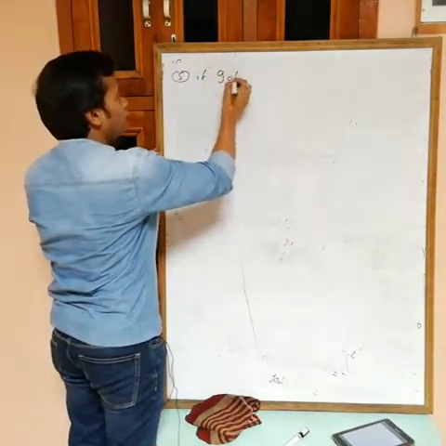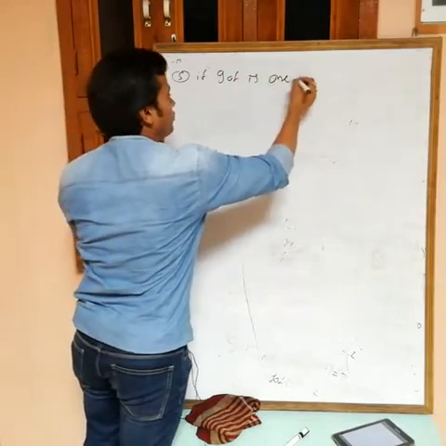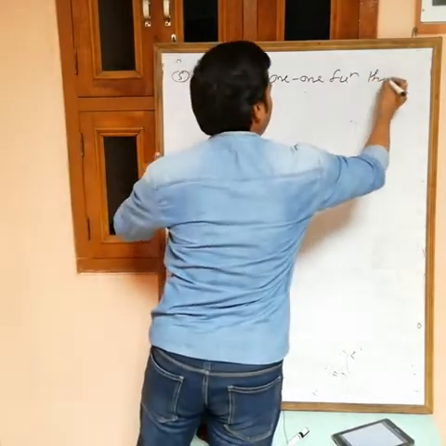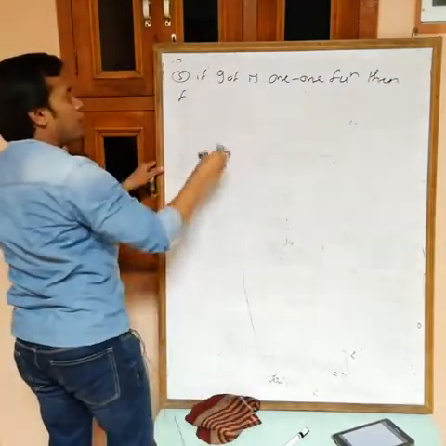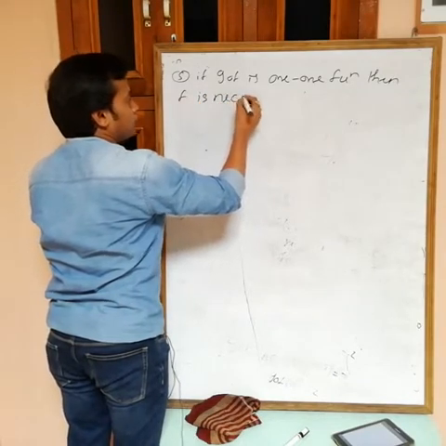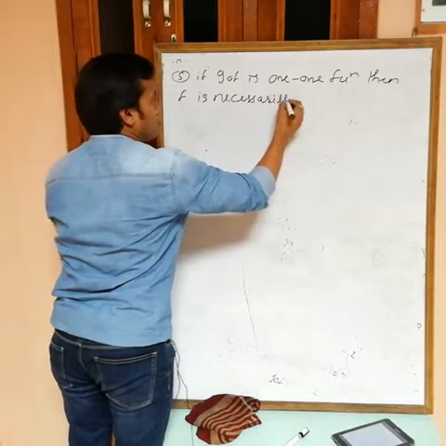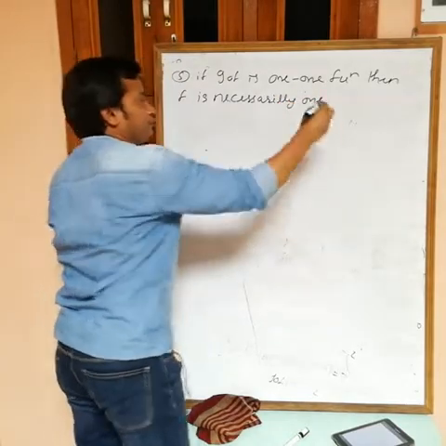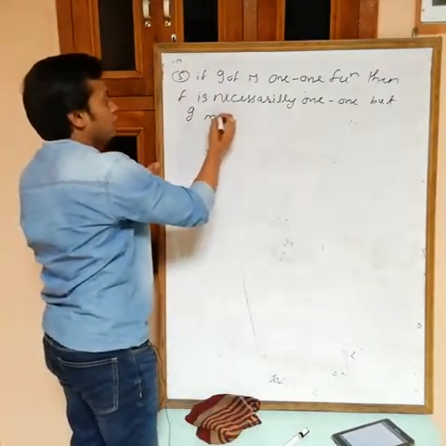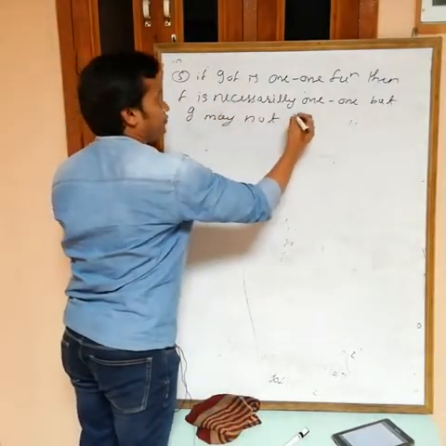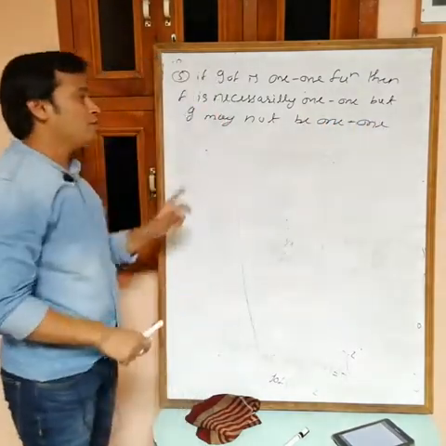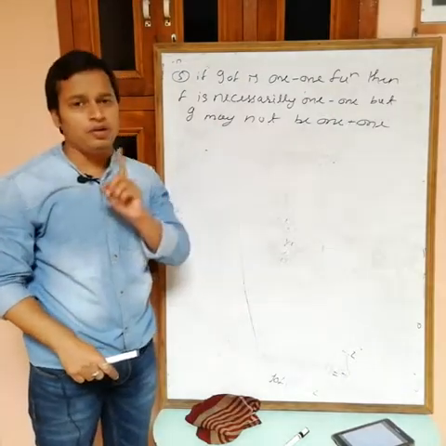If gof is 1-1, then f is necessarily 1-1, but g may not be 1-1. Now one thing is clear: to say that g may not be 1-1, I want only one example.